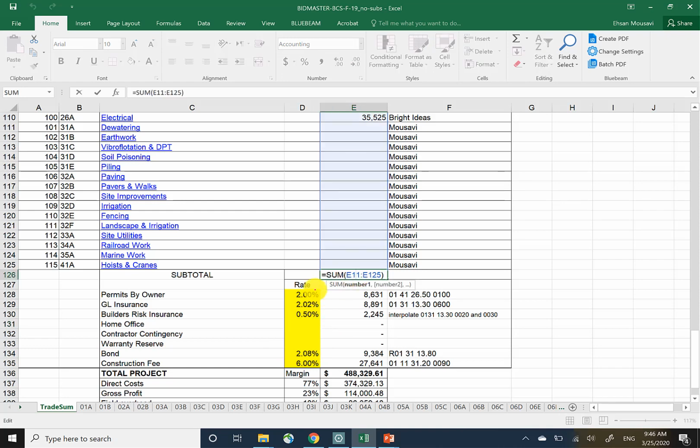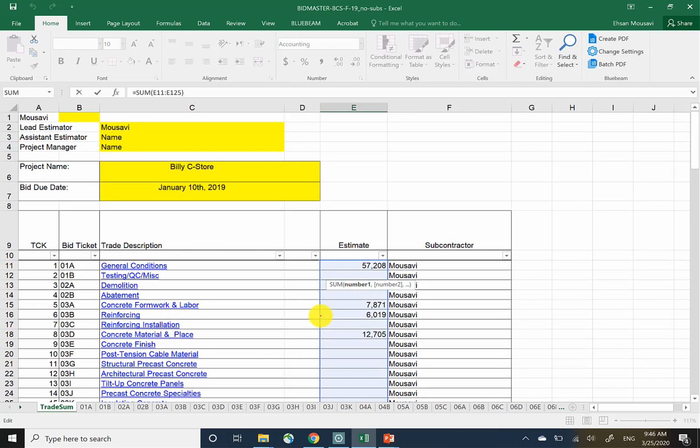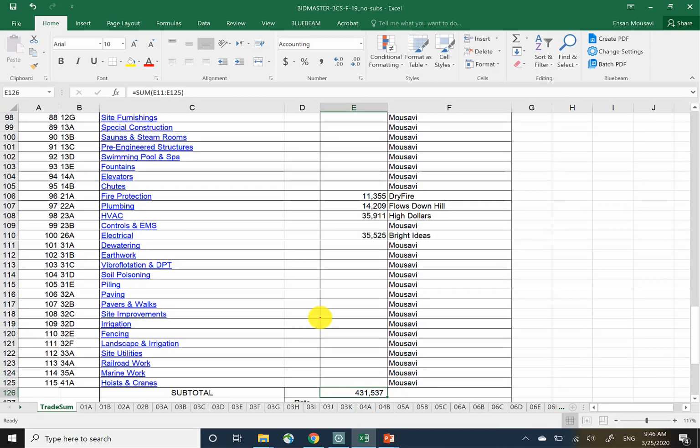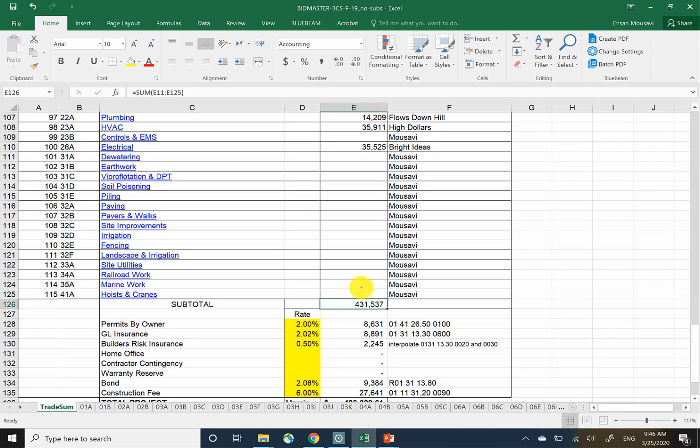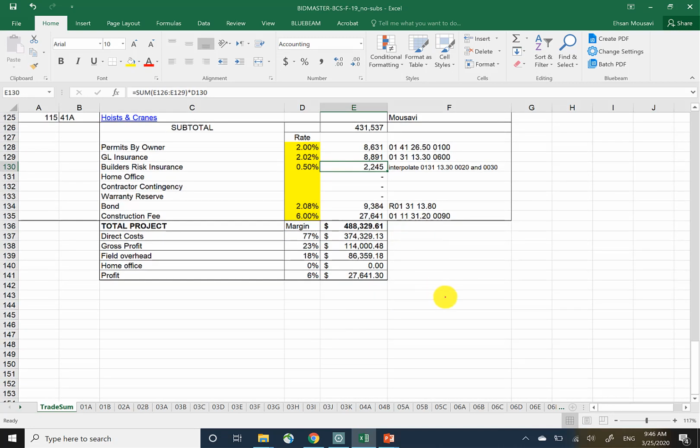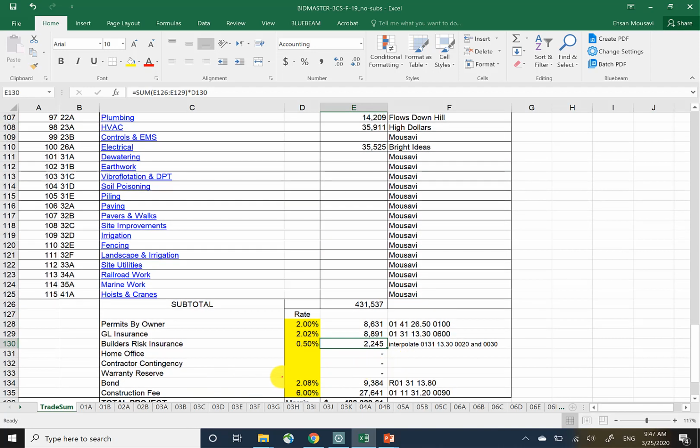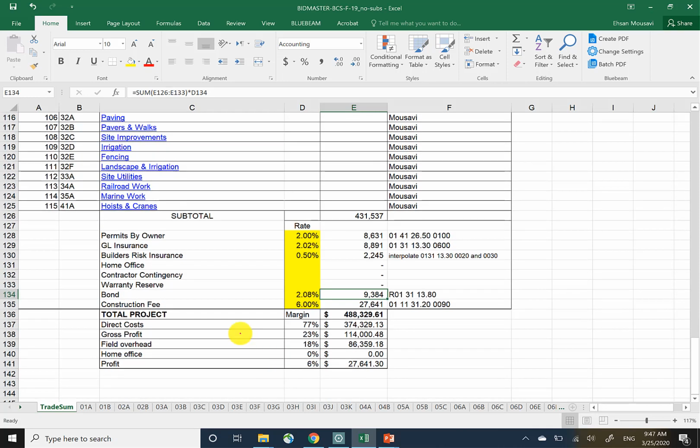So we have a subtotal here, which is really the summation of all the costs for every sheet that we have collected all together. And then you have permit, general liability insurance, builder's risk, and these are the types of things that we actually did together. You have a percentage for bond, construction fee, that's your profit.